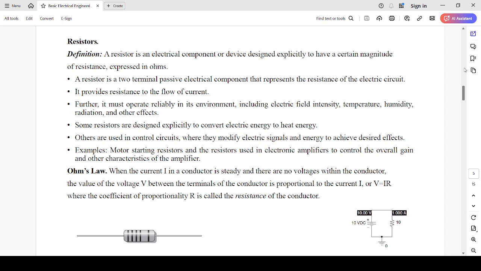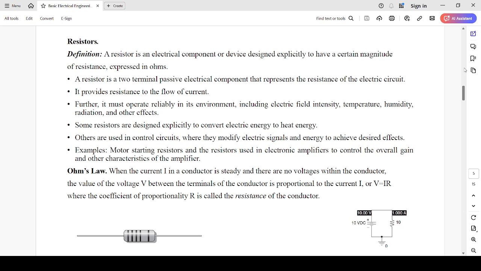So it must operate reliably in the environment, including the electric field intensity, varying temperature conditions, humidity, radiation, and other effects. The examples of resistors you will find in motor starting resistors and the resistors used in electronic amplifiers, which help in controlling the overall gain and other characteristics of the amplifier.